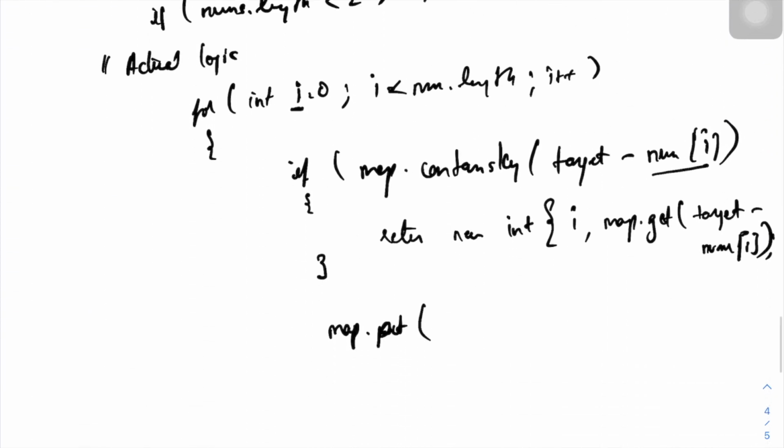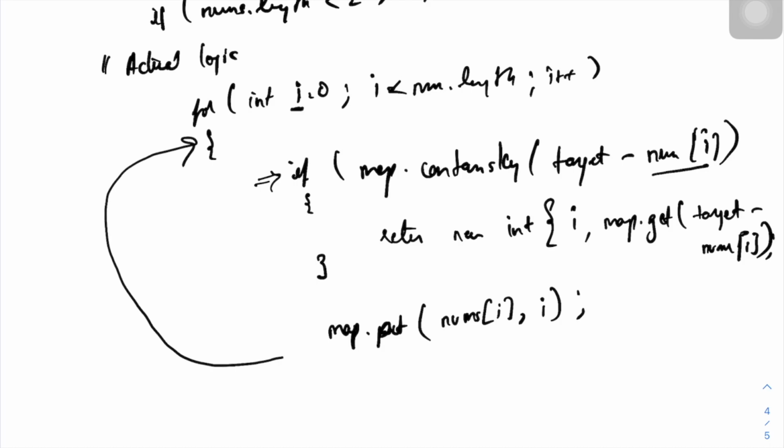So here also, if this if case is missed, then that implies you didn't find a solution. In that case, you just put your value, which is nums of i, and you say that it was at the ith location, so that in the next iteration of the for loop, you can check that memory.